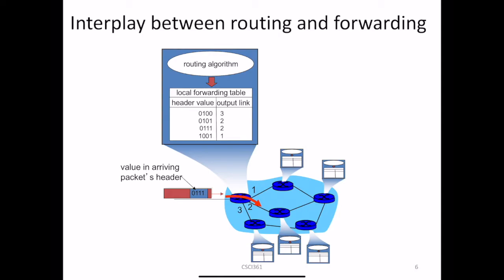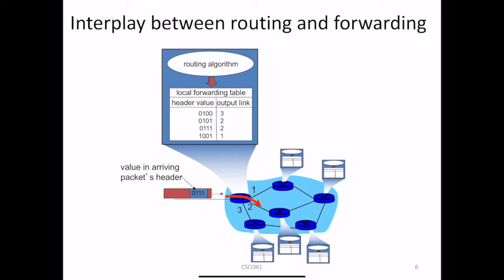I bet you are familiar with this slide because we already talked about it in chapter 1, if I remember correctly. In each router, there is a forwarding table which is calculated by a routing algorithm, and in the middle or the last part of this chapter, we will talk about the different routing algorithms.